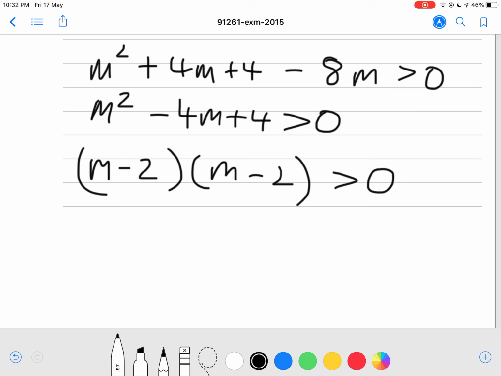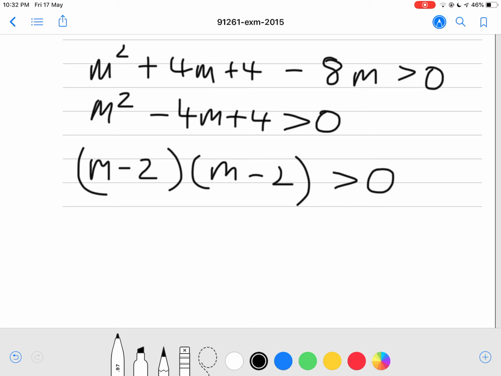If, for example, you put m equals 2, then 2 minus 2 is 0, and 0 times 0 is 0, so that won't be more than 0. But if you put any other number in it, for example 6, then 6 minus 2 is 4, and 4 times 4 is 4 squared.